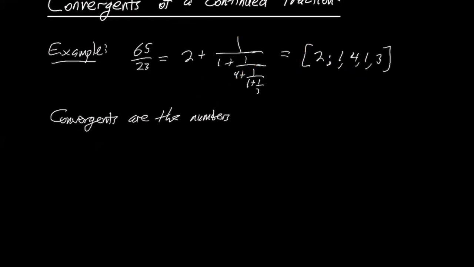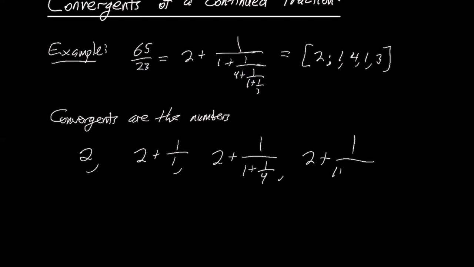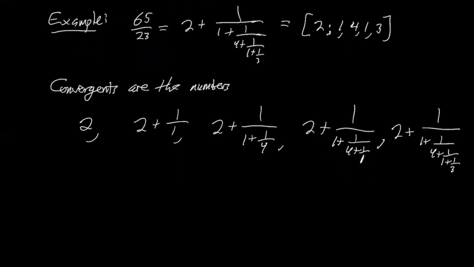Let me just write them kind of spaced out. 2 plus 1 over 1, 2 plus 1 over 1 plus 1 over 4, 2 plus 1 over 1 plus 1 over 4 plus 1 over 1. No, sorry, that's a 1. And actually, we do consider the last number a convergent, the number itself. Okay, so those are the numbers. Those are what are called the convergents.